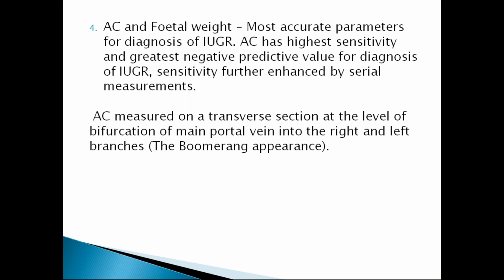If the liver is immature or defective, then the abdominal circumference is reduced, and that is the most sensitive indicator. Head circumference by abdominal circumference: if it is increased, then you have IUGR.